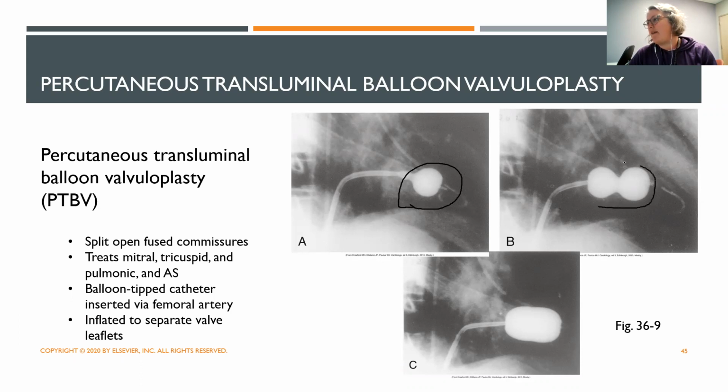And then you can see that valve trying to close around the balloon, and it kind of knocks the stuff up. And so hopefully that balloon tipped catheter in the femoral artery will be inflated and separate those valve leaflets and kind of knock whatever junk off of them so that they can open and close properly. In essence, that is what happens when we do a balloon therapy.